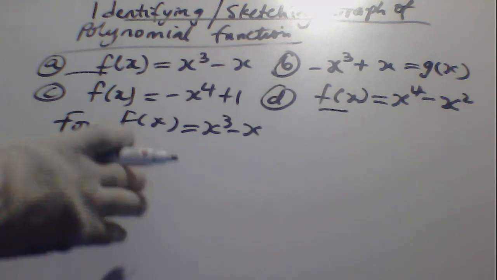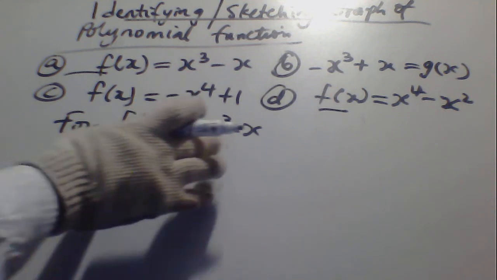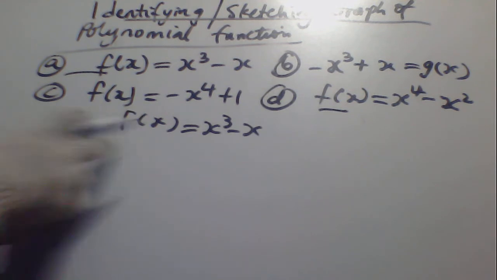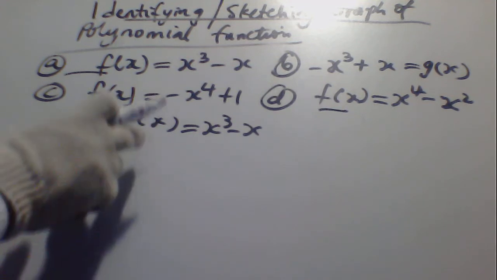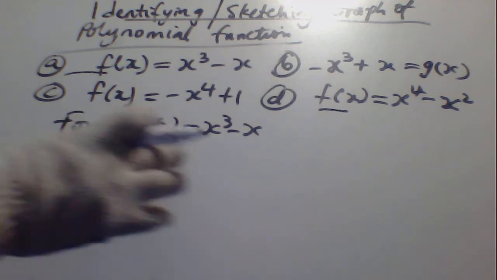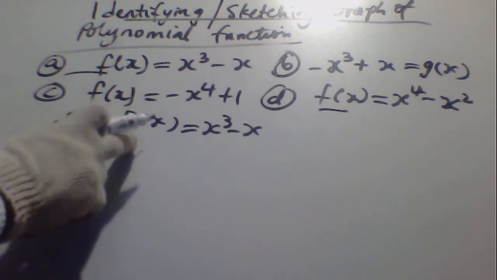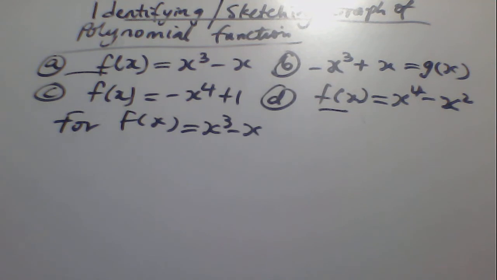In order to identify and sketch the polynomial graph, you have to know the points where this function intersects the x axis, that is the x values of this function on the x axis, and the turning points, that is the maximum and the minimum points of this function.